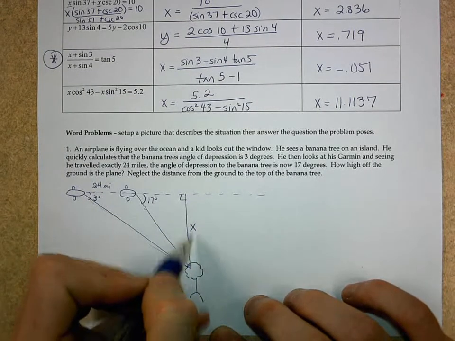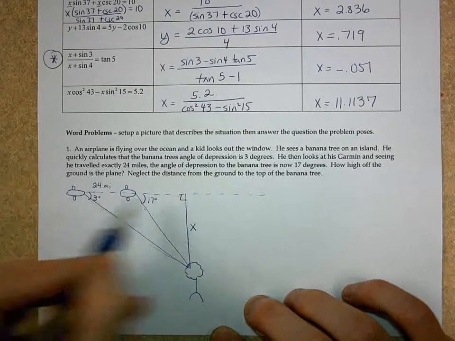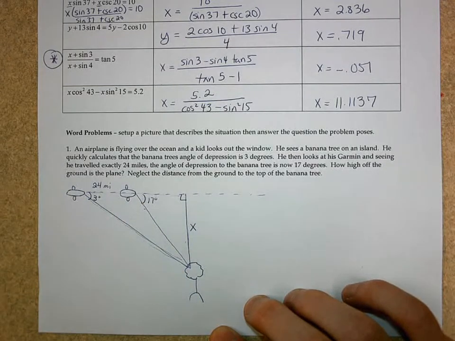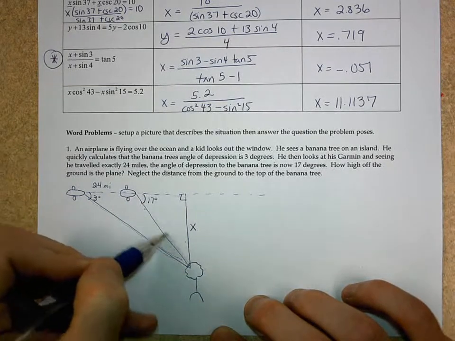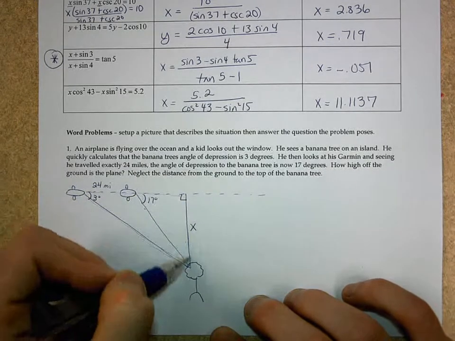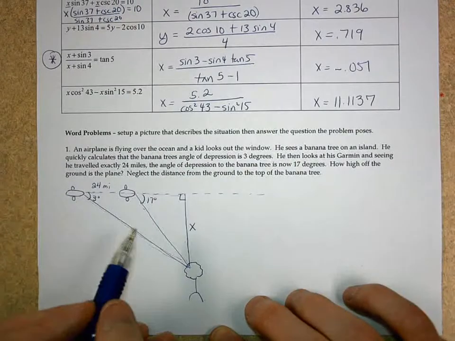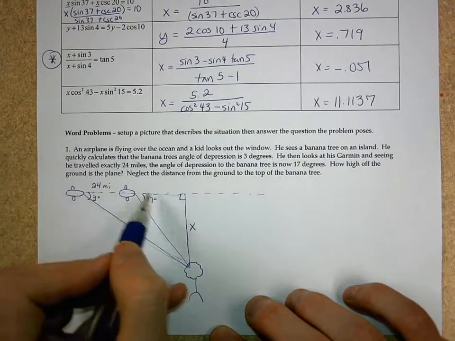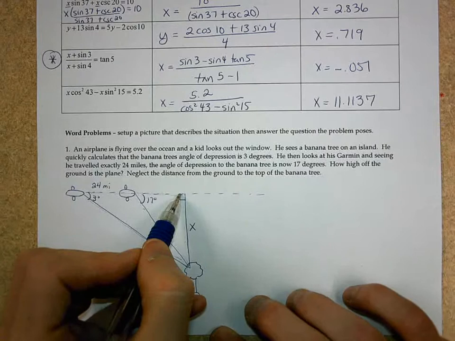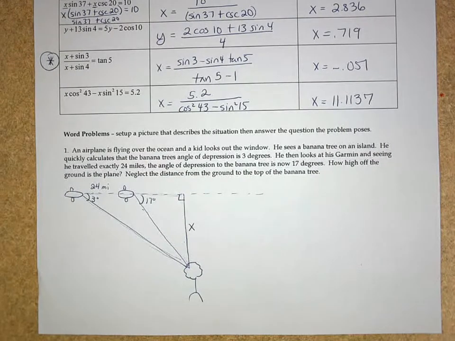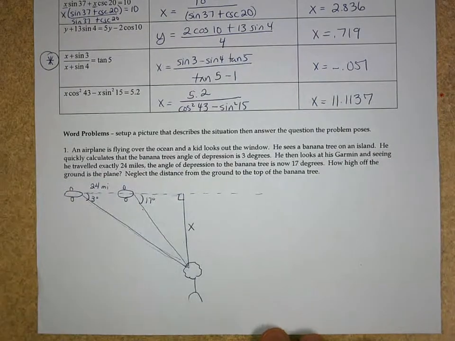I've got a side of x and an unknown length here. Then I've got a second triangle here. It's a little smaller. I've got the same x side. I know the angle of depression is 17 degrees, and I've got two unknowns, looking down at the tree and the horizontal distance covered here. The piece that I do know is that this horizontal distance is now 24 miles less than what we had when we started.